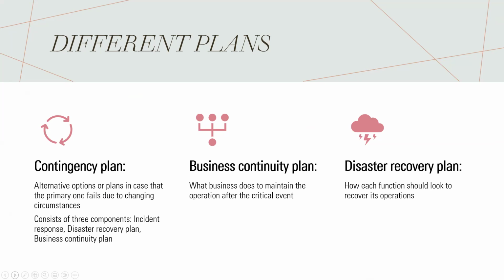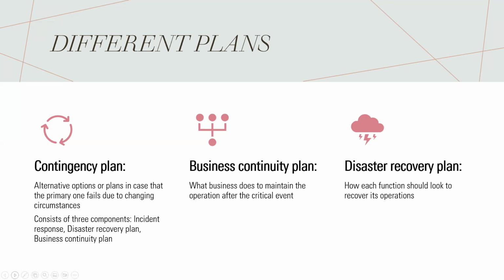But in that, they say that the contingency plan consists of three major components: initial incident response, then disaster recovery, and then business continuity plan. These three plans are interconnected, and in fact, the contingency plan is the one that covers the other two.